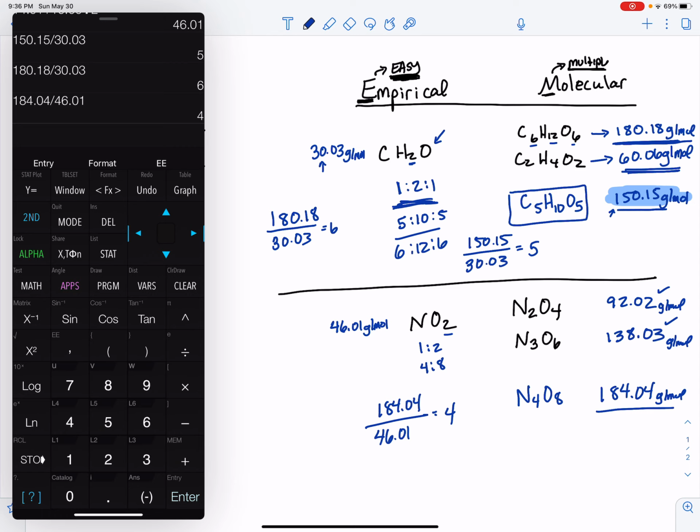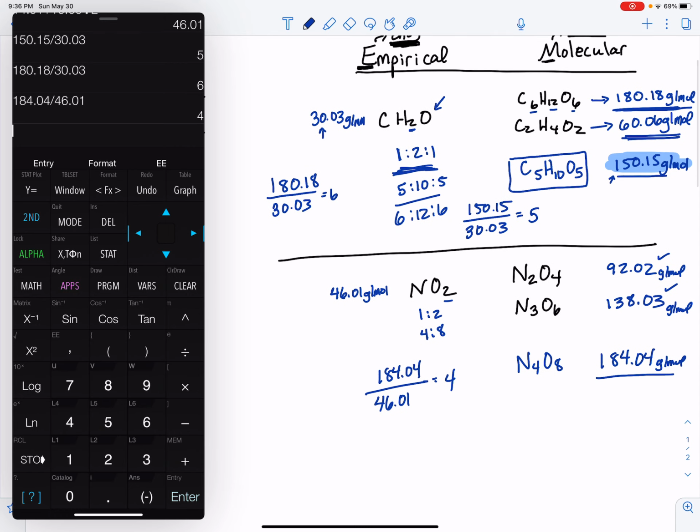N4O8. So if you want to know the official formula for how to do this, you just write the molecular formula's molar mass divided by the empirical formula's molar mass.